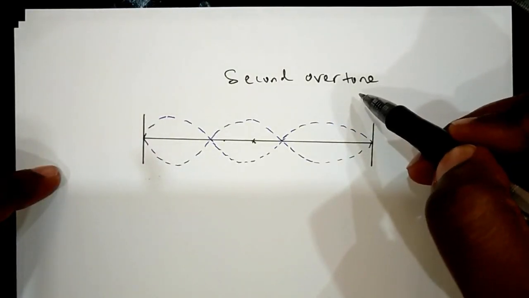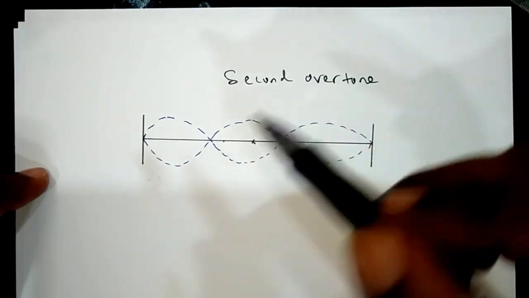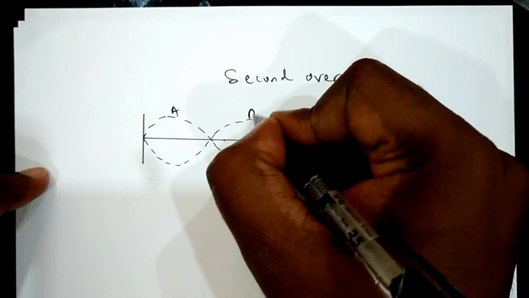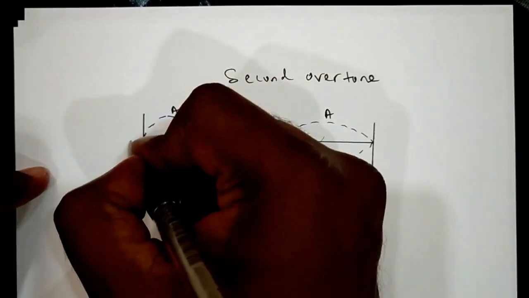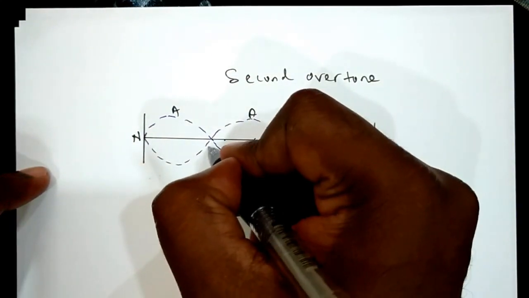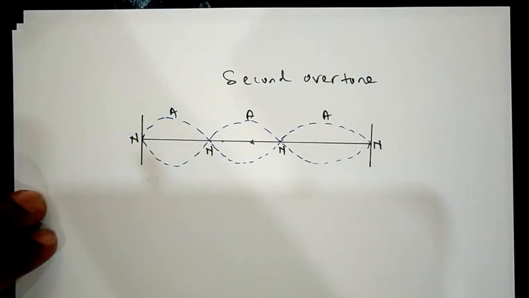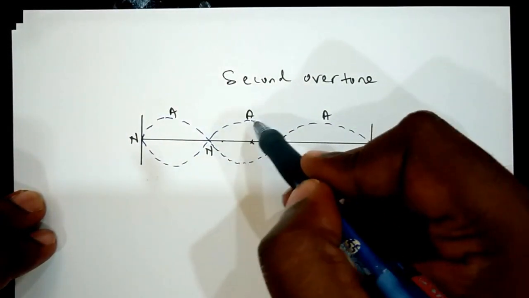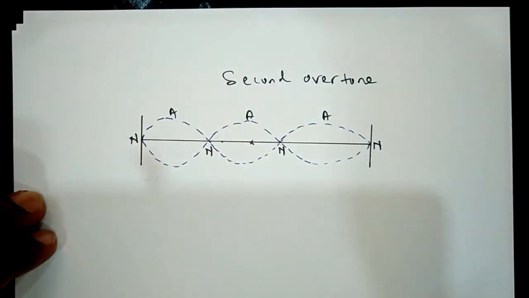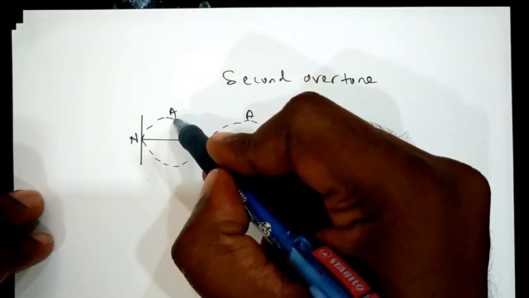For the second overtone, if we pluck it a little bit harder than the first overtone, it forms three antinodes, with node, node, node and node. So we have 1, 2, 3, 4, 5, 6, 6 times formation from node to antinode.